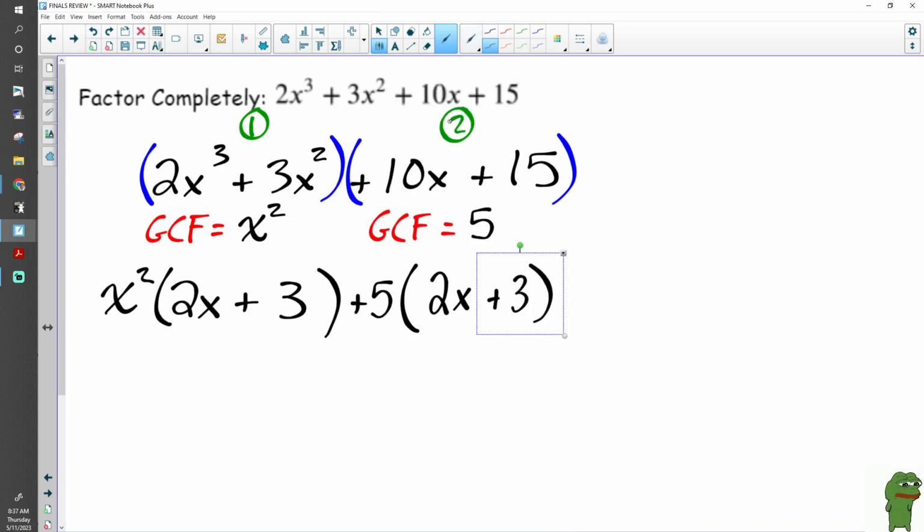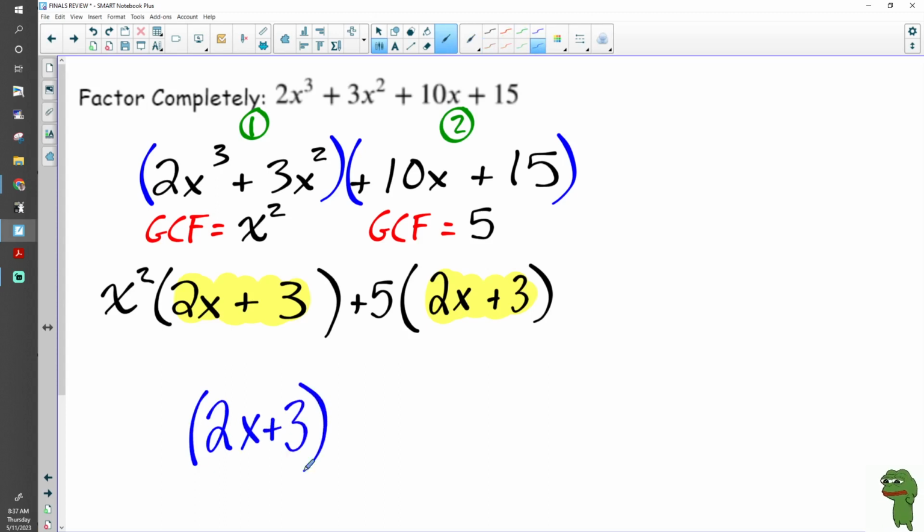Once you're at this step, you should always notice a pattern. Look at these two factors. They're exactly the same, aren't they? That means that 2x plus 3 is one of our factors. So part of our answer is 2x plus 3.